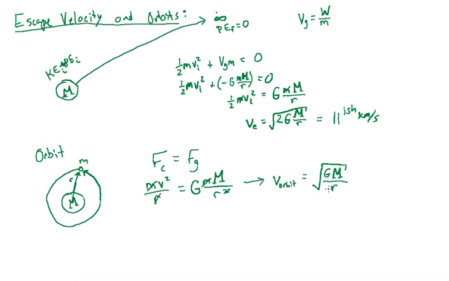It's very similar in form to this, but not quite as big. This has the square root of 2 coefficient out in front that this one is missing. It's just GM over r, whereas this was the square root of 2GM over r versus the square root of GM over r.